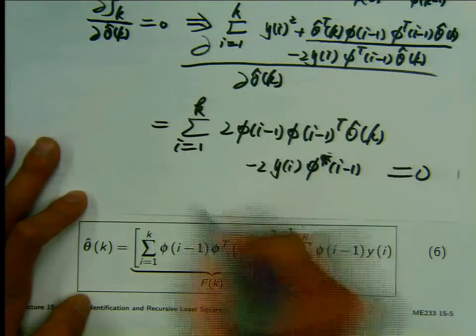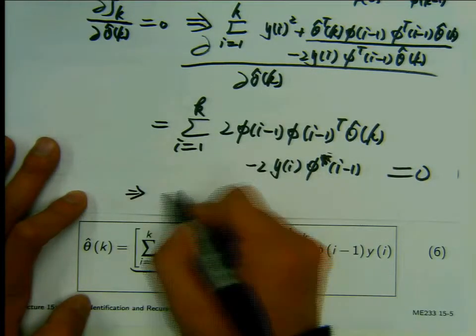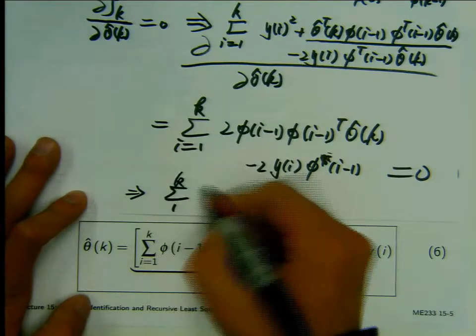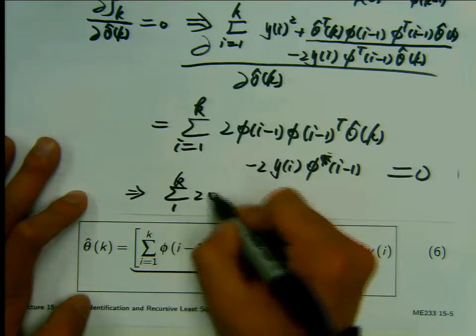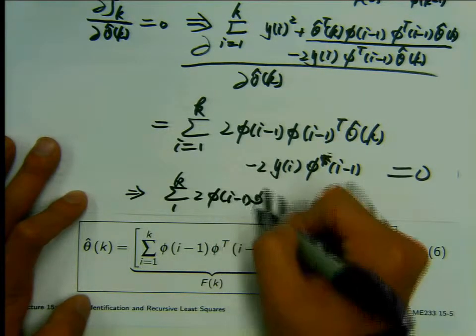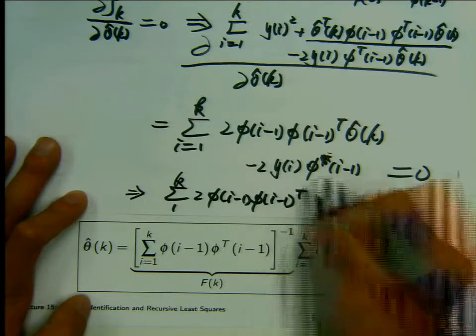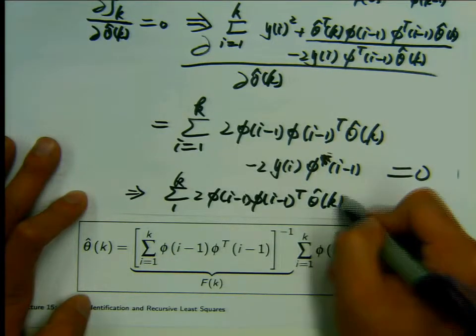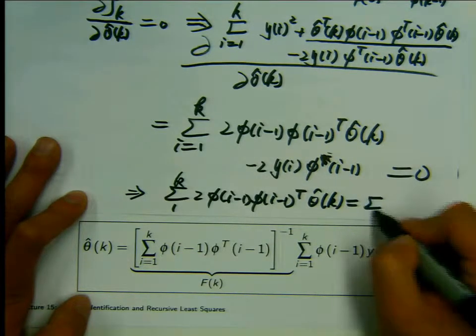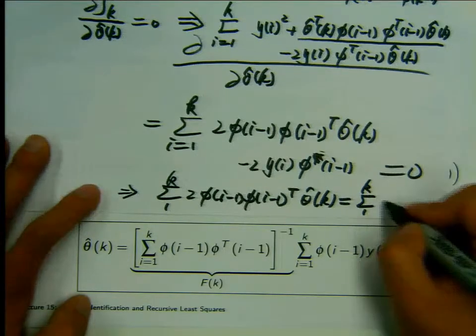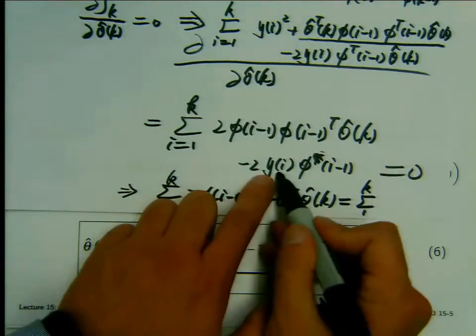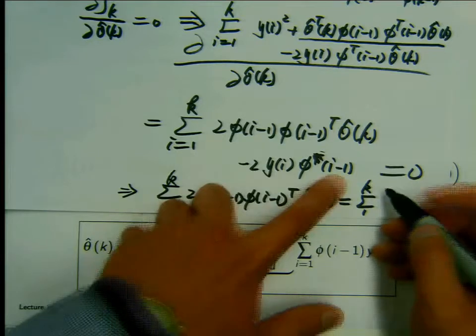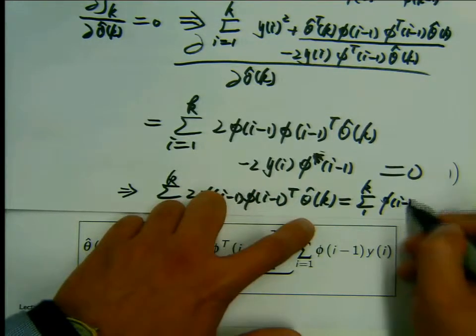If you set it to 0, you're going to get the summation from 1 to k of 2 phi_{i-1} phi_{i-1} transpose theta hat_k equals the summation from 1 to k. So this is a scalar; I can shift this one to the right-hand side without problem.